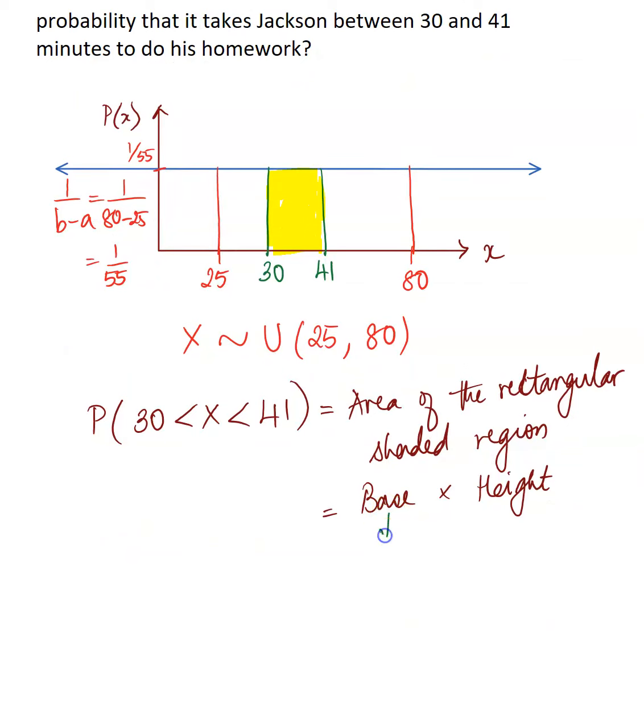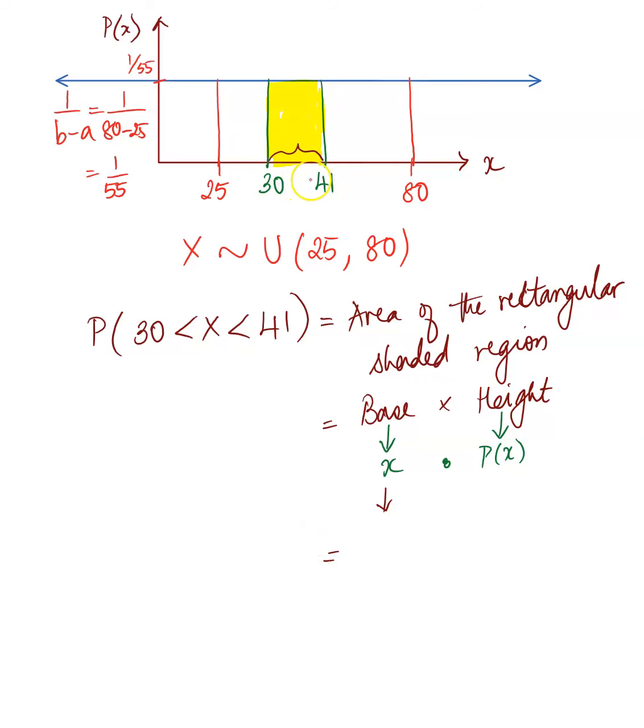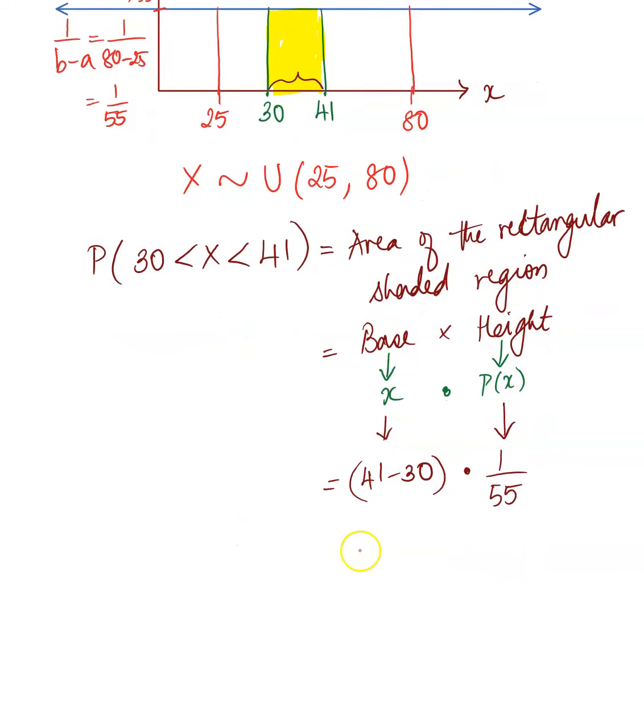You remember x times p of x is what we did, right? Anyway, so your base here would be this space here between 30 and 41, so 41 minus 30. And your height, we figured it to be 1 over 55. So this is going to be 11 times 1 over 55. That gives us 1 over 5.